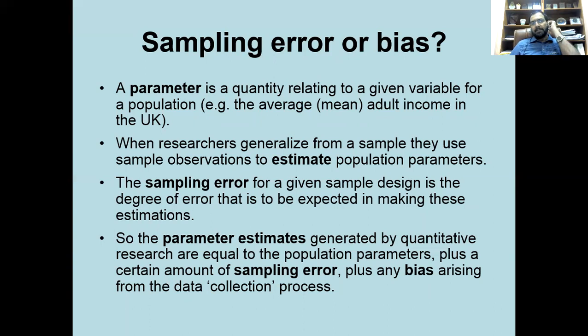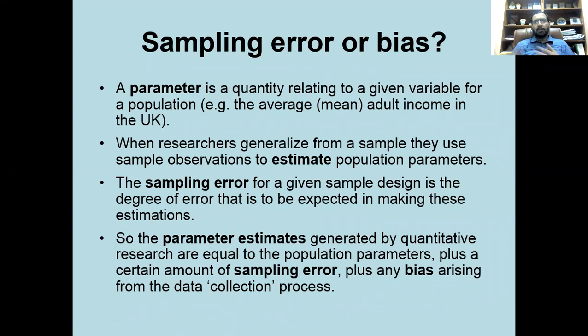Parameter. A parameter is a quantity relating to a given variable for a population. Normally we talk about the average, max or min. These are various parameters involved for any particular variable. We might talk about the average age, or other health parameters.